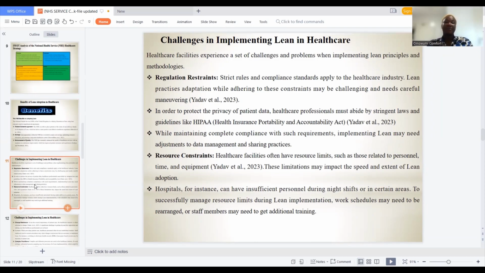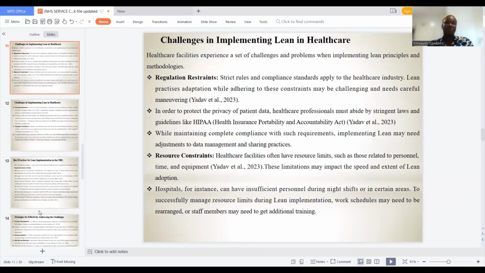Additionally, protecting patient data privacy and abiding by laws like HIPAA may require adjustments to data management and sharing practice. Resource constraints such as limited personnel time and equipment can also impact the speed and extent of lean adaptations.